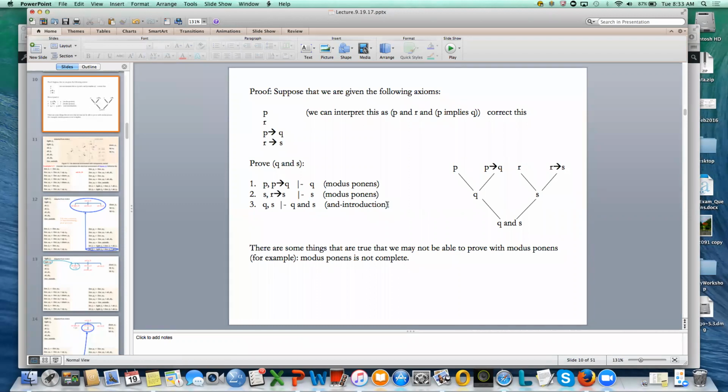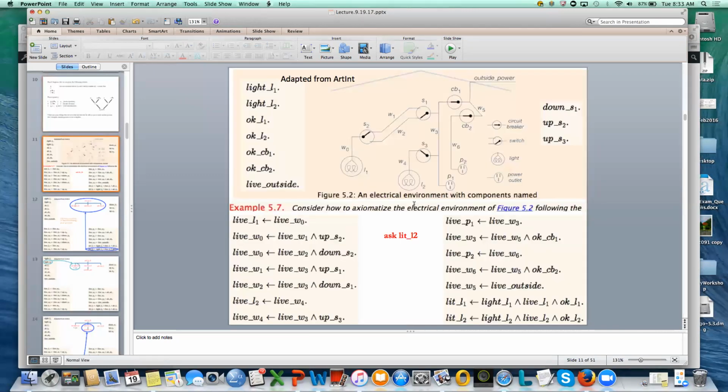I note that because modus ponens by itself is not sufficient, even in propositional logic, for proving all that might be logically valid or follow from a given database, a knowledge base rather. We're going to go back to that observation a little bit later when we talk about resolution.